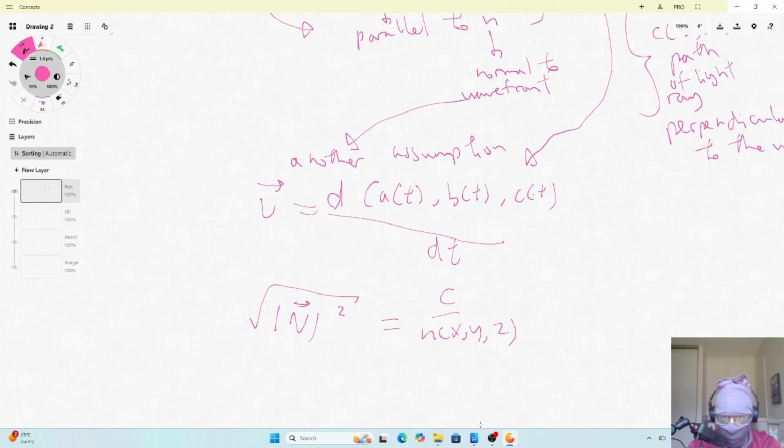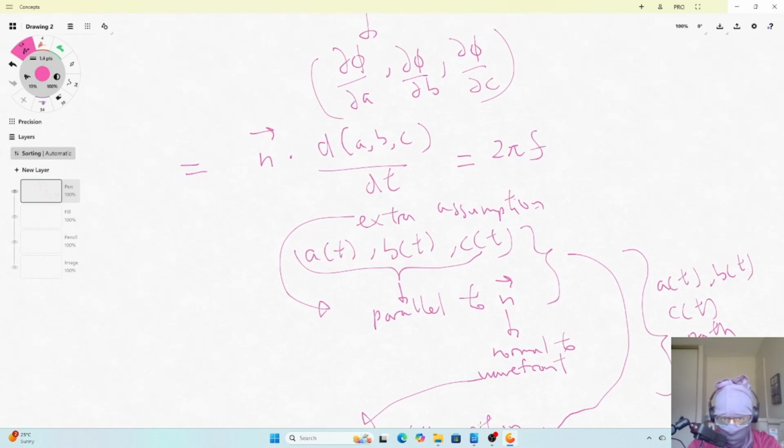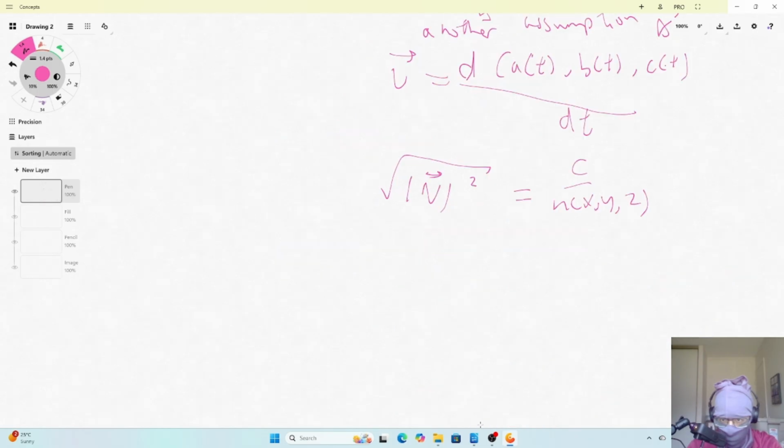So if we were to plug that into that equation, the velocity should be in the direction of the normal, and it should be equal to that quantity.